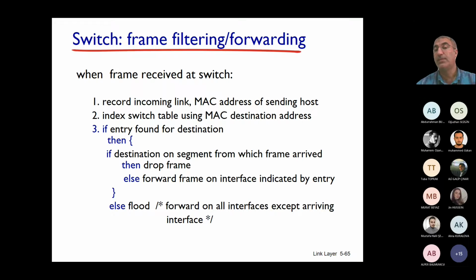If the destination is on the segment from which the frame arrived, it drops the frame. Otherwise, it forwards the frame on the interface indicated by the entry. If there's no entry for the destination, then it floods. That is a kind of broadcast to all the interfaces except the arriving interface, so that it can learn information.